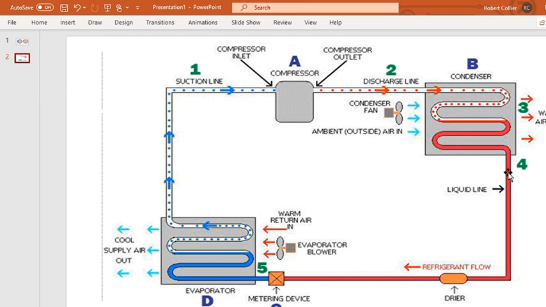It takes it from the vapor to a liquid, lowering the temperature by 10 degrees. So now the subcooled liquid refrigerant runs through this liquid line. In most cases, it goes through a liquid line dryer, which takes out impurities and moisture and things like that.